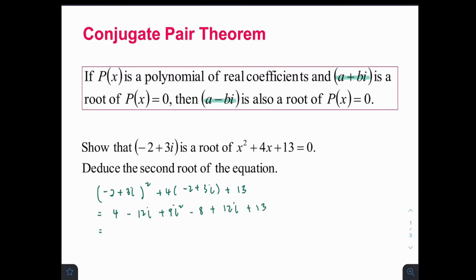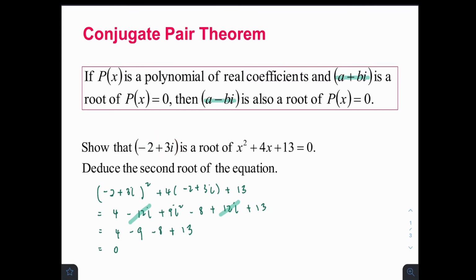Alright, so the negative 12i and positive 12i can cancel off, and you'll be left with 4. i squared over here is negative 1, times 9, you get negative 9, minus 8 plus 13. So eventually you will get a 0 here. This is how we show that negative 2 plus 3i is a root of the equation.